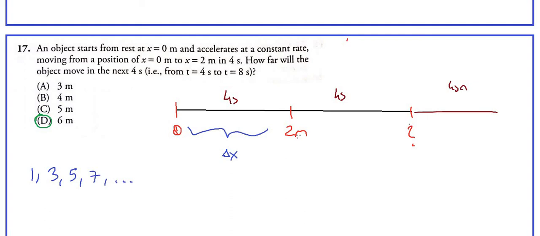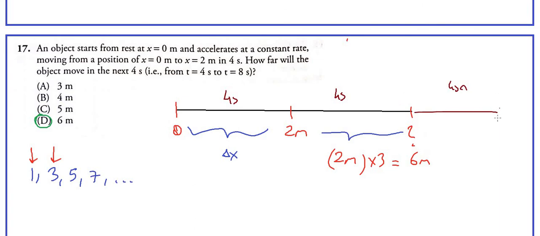So the second interval, since the object traveled 2 meters in the first interval in given amount of seconds, at the second interval, same amount of time, it will be multiplied by 3, because the first one is multiplied by 1. So 2 meter times 3 is 6 meter. So the object is here at 6 meter.